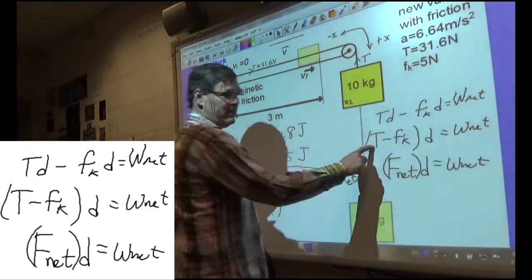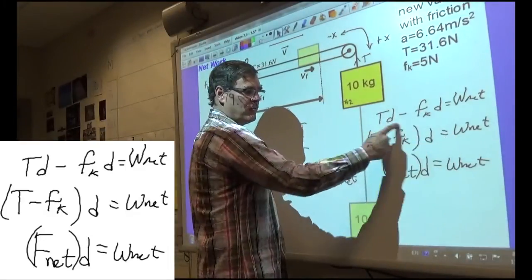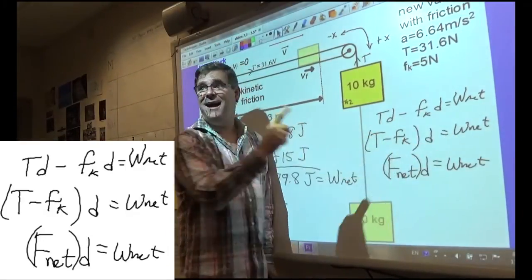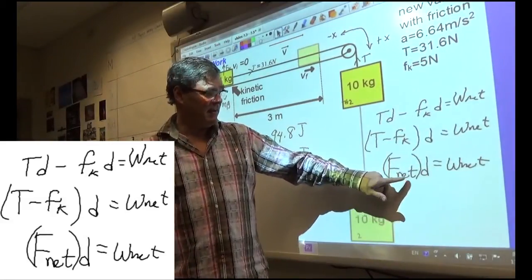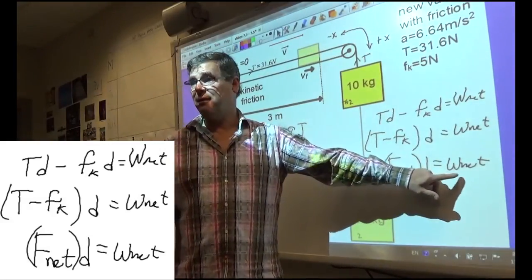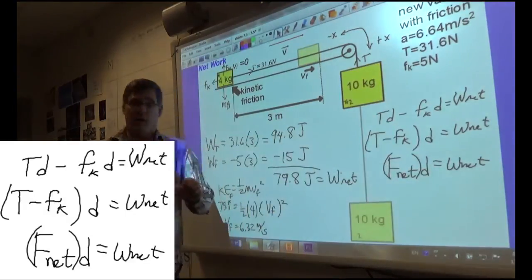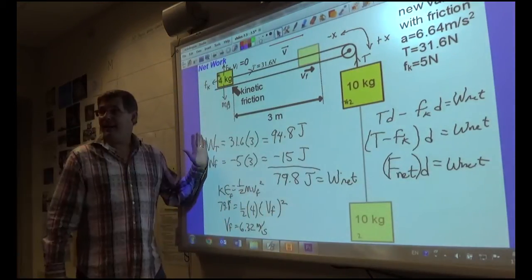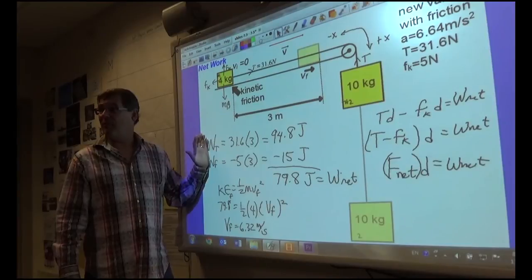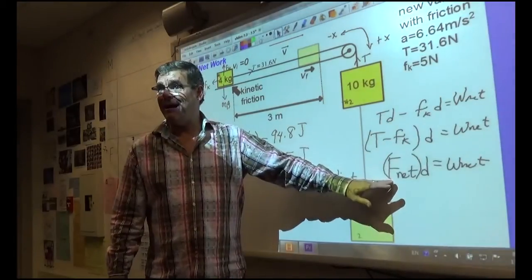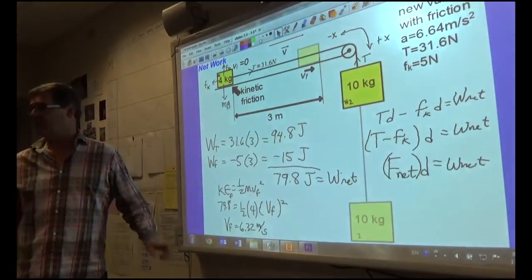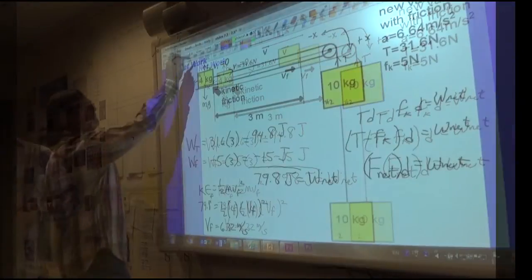So if I factor out the d, I get this, and you'll recognize T minus F_k as the net force. So I can rewrite the equation as the net force times the displacement equals the net work. So in other words, you can either look at it as the net work is the sum of all the works done, or you can look at it as the net work is the work done by the net force. Okay, so it's up to you.